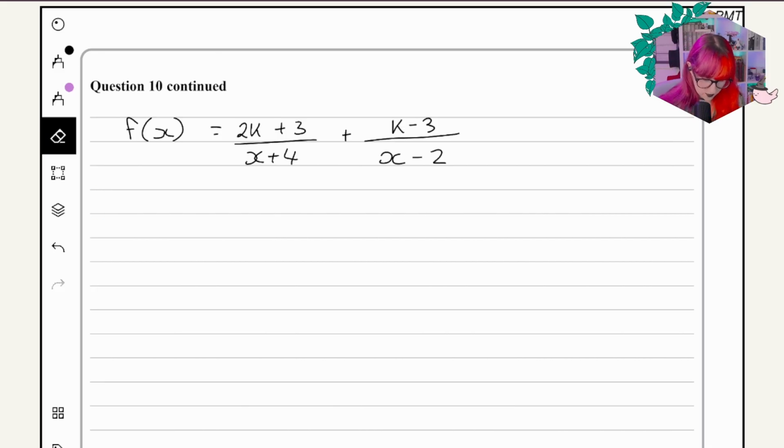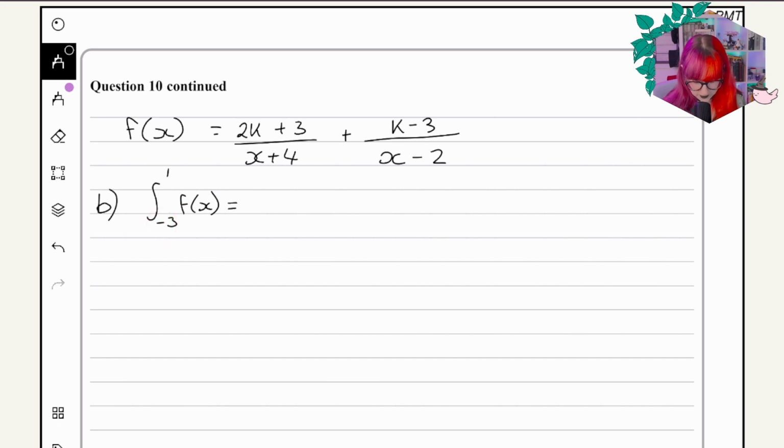We then had part b, where we get told that the integral from minus 3 to 1 of f of x is equal to 21, and essentially we're told to find k. So what I'm going to do is plug this new expression of f of x into the integral.